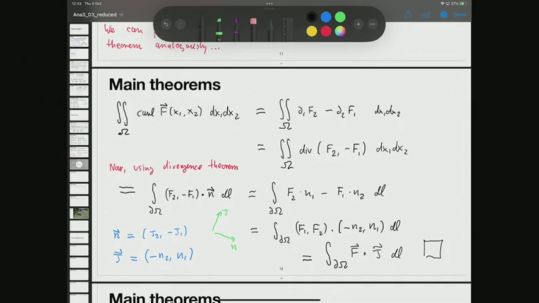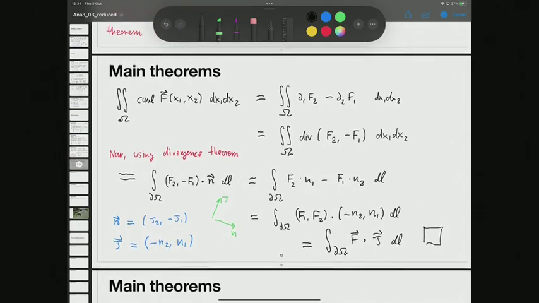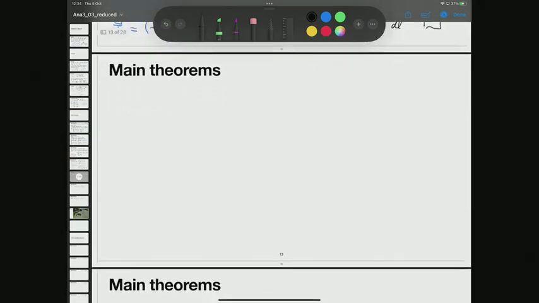Last time I also received a question about how the curve integral of a vector field relates to the curve integral of a function. I think now is the right time to make a little comment about that. Let's do the following remark.